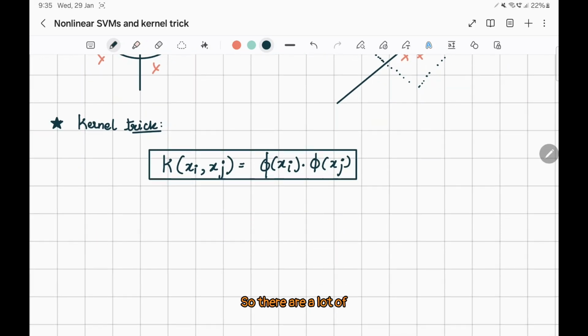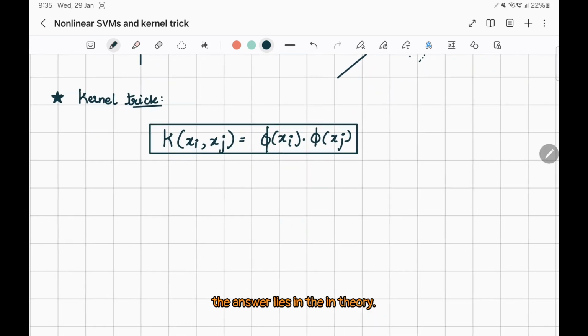There are a lot of questions about the validity of k's. You might ask, how do I know whether a particular function k is valid for this dot product interpretation? The answer lies in theory.